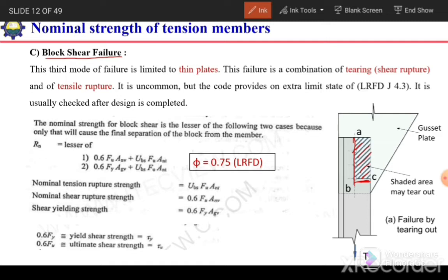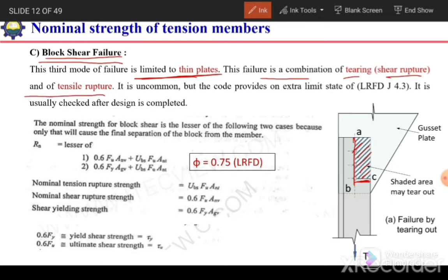This type of failure is common in the case of thin plates. If the plate is thick, there is very little possibility of block shear failure, but in thin plates, where the thickness is less, this shear failure might be critical. So here the failure is a combination of tearing, meaning shear rupture, plus tensile rupture.